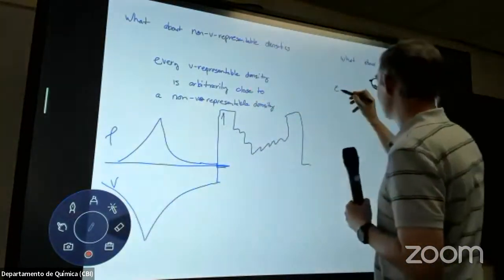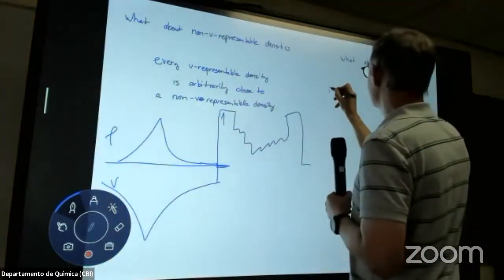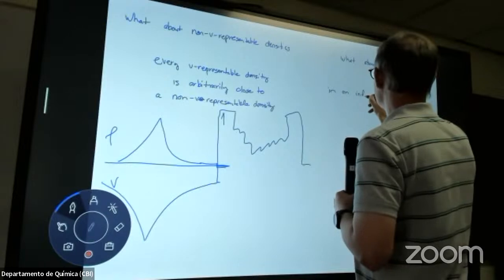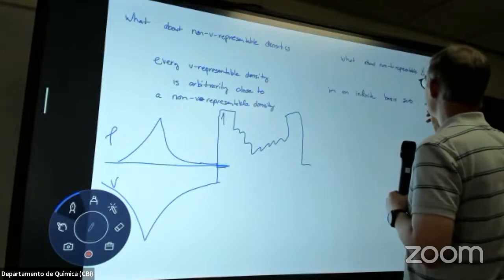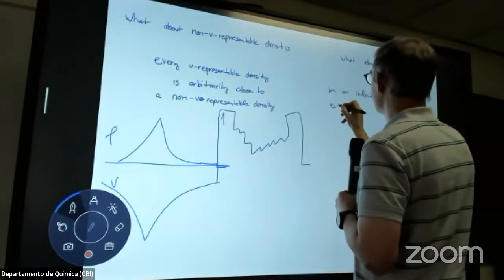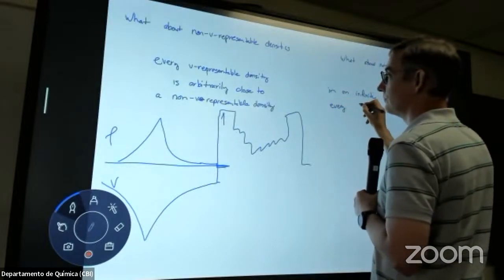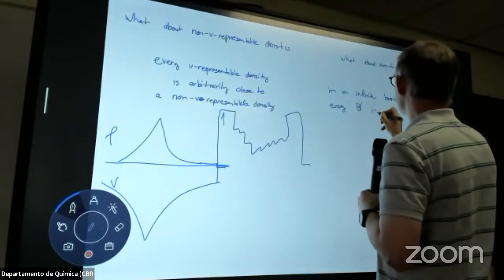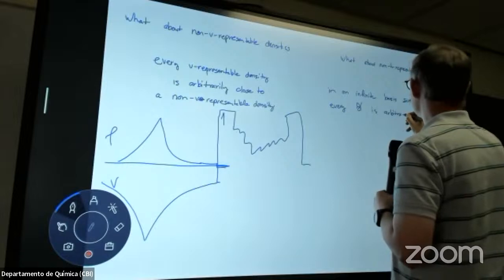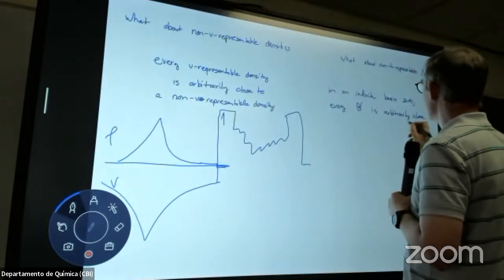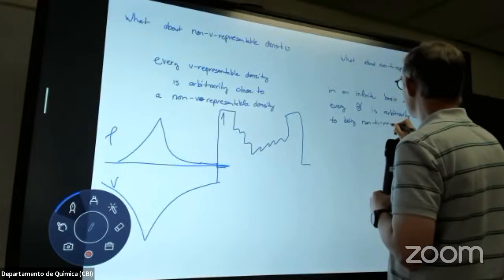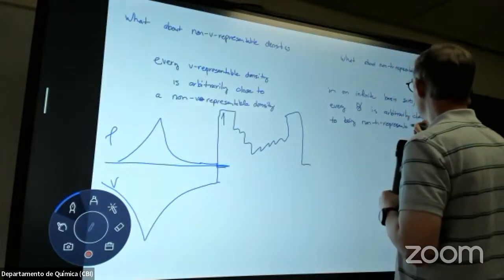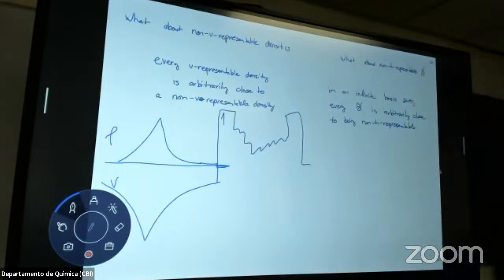Let me write this down. In an infinite basis set, every H is infinitely close to being non-H representable, or every gamma is.